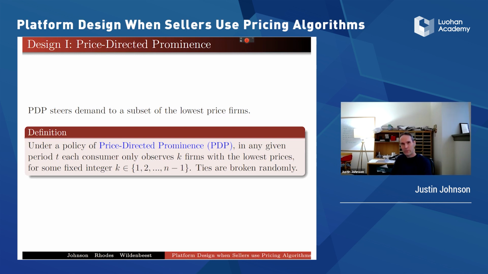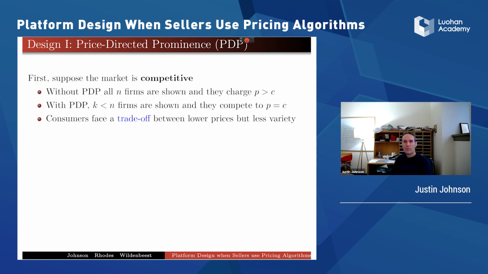All right. So you can work out pretty easily what happens from a theoretical standpoint. Well, let's first of all suppose that sellers are competitive. So they compete in each period pretty strongly. Then, without this demand intervention, without this steering intervention, all the firms are shown, and because they are differentiated, they all charge some markup over cost. So they all charge some, let's just call it P, some price P, which is strictly greater than cost.